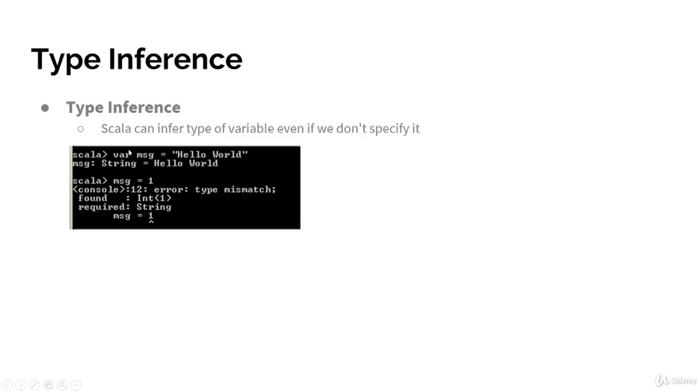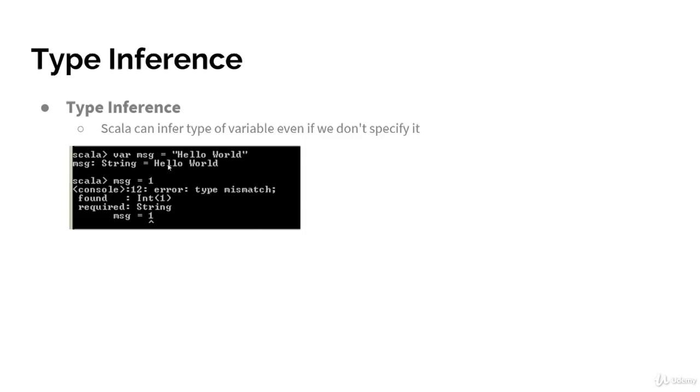So you see here, we defined var message equal to hello world. We didn't tell that this should be of type String, but still it inferred the type as String, right? And when you try to assign it something else, it will say type mismatch. There is even a way to define the type, but it is not mandatory.